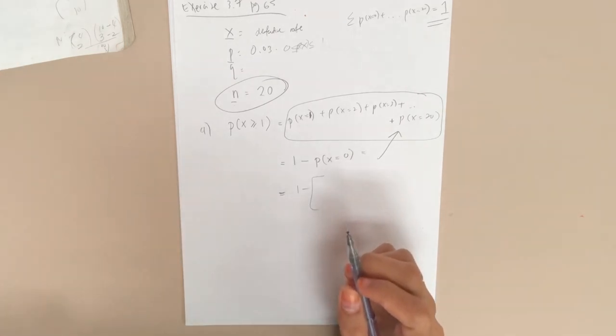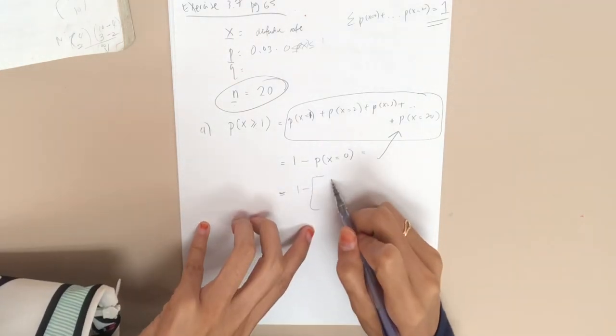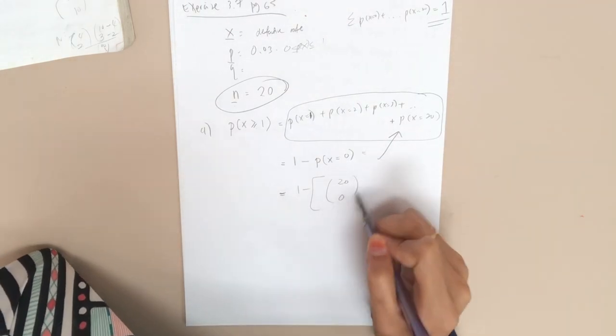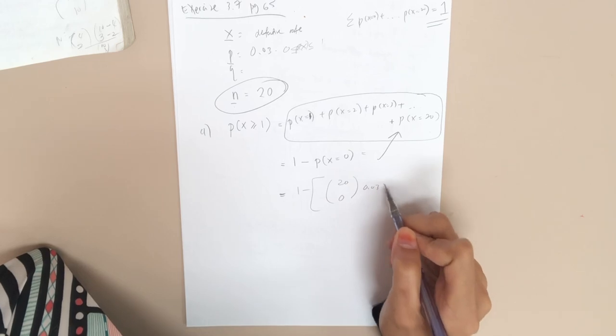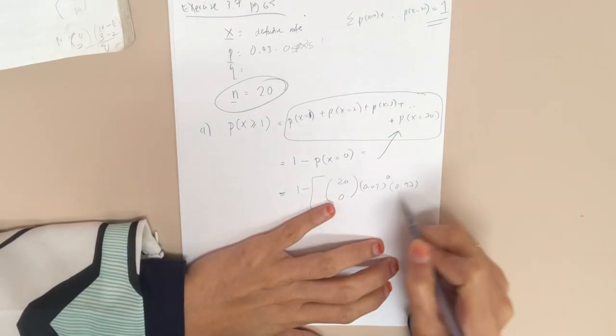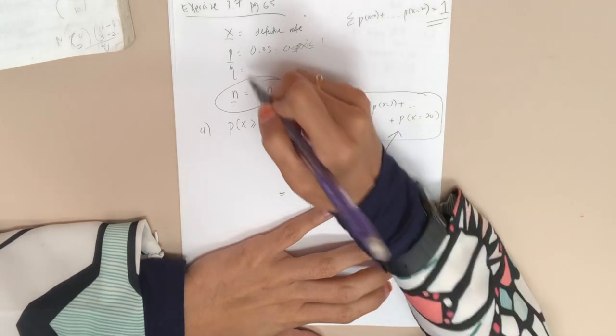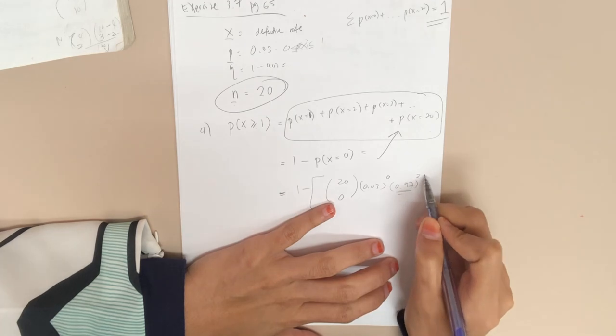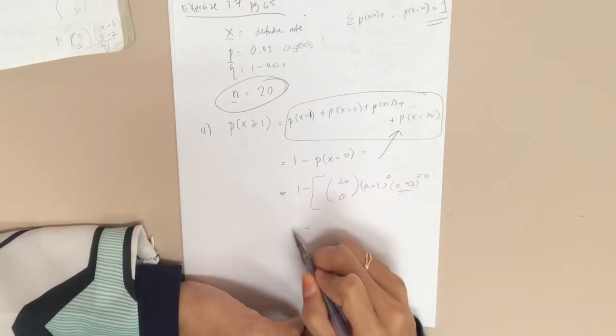How do we find P at 0? You just repeat the same thing like the previous example, but now your n is 20, your x is 0, your p is 0.03 power 0, and 0.97. Your q you can find by 1 minus 0.03, and power 20. So use your calculator.